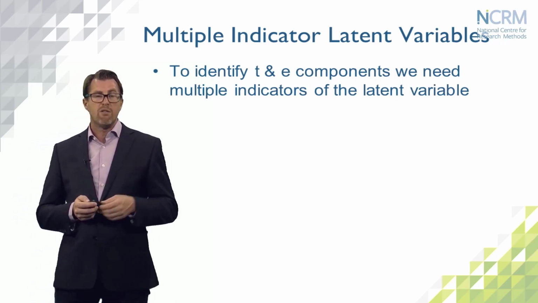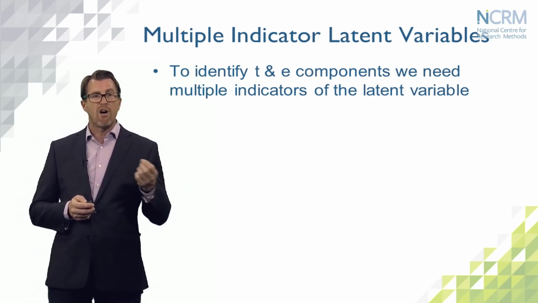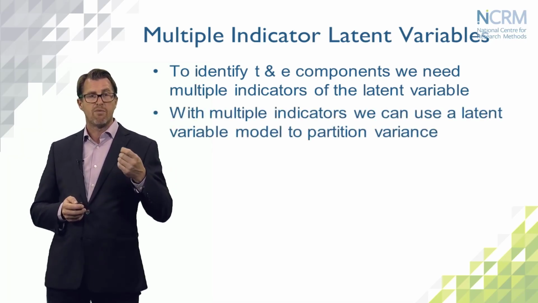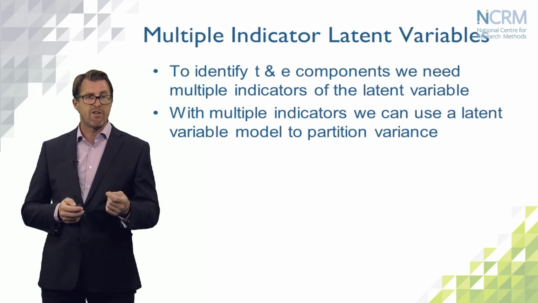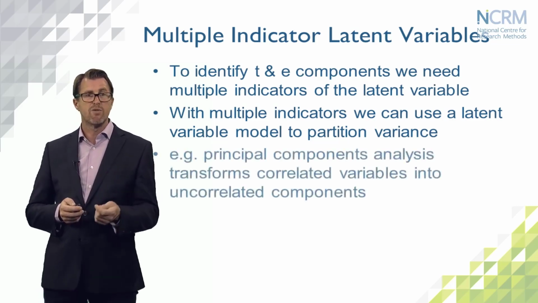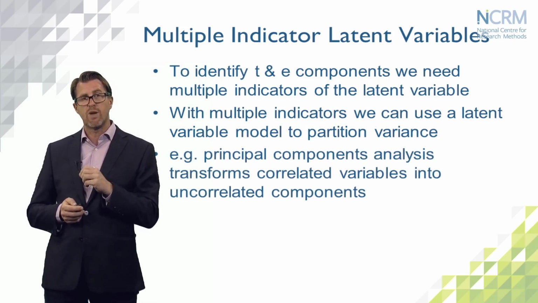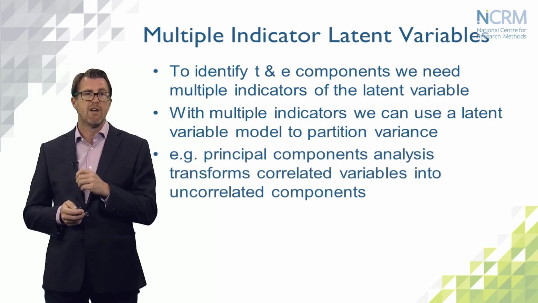So we can apply many different kinds of latent variable models. We can use principal components analysis, factor analysis, latent class models, depending on the metrics of the observed indicators that we have in our data set.